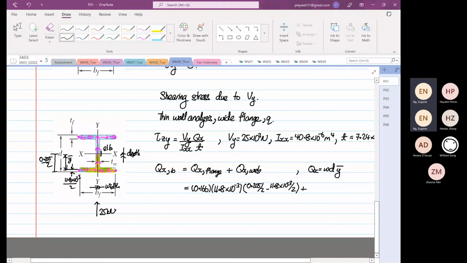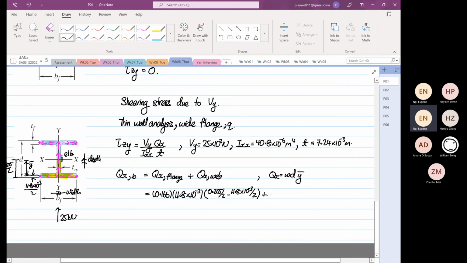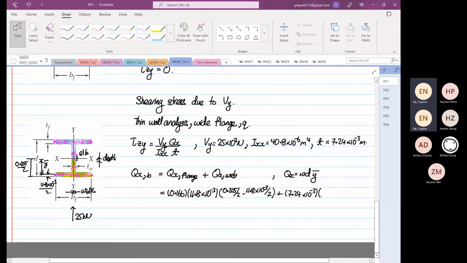Then plus the web. The width of the web is 7.24 times 10 to the power minus 3. Then the depth is equal to 0.205 divided by 2 minus 11.8 times 10 to the power minus 3.